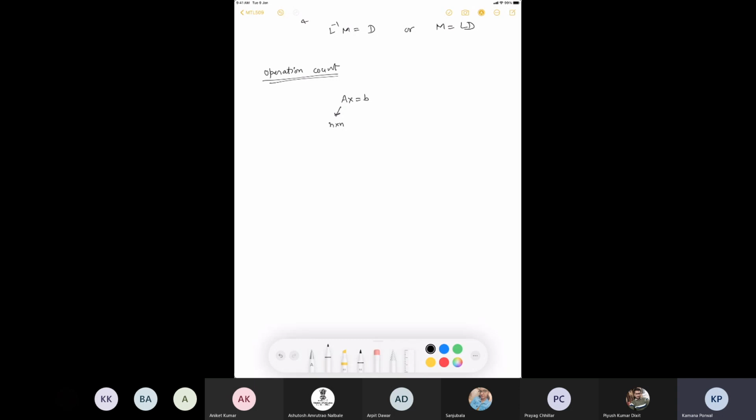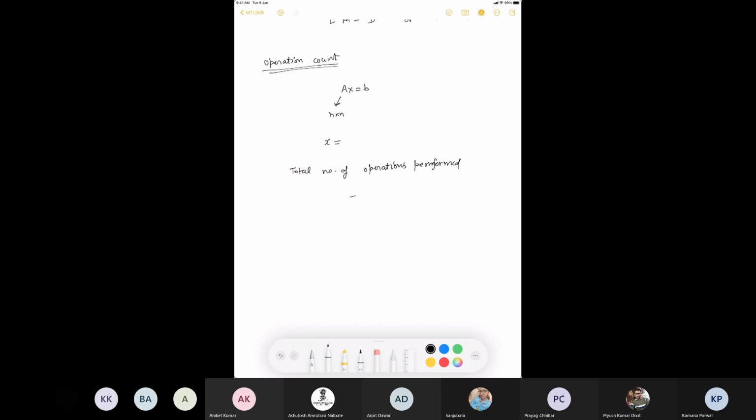So finally, when you solve this, you obtain the solution using any of the methods. So what is the total number of operations performed? That is basically the operation count. Just to give a glimpse, for example, Gauss elimination.